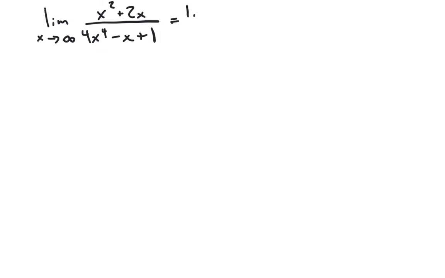So we get the limit as x approaches infinity of x squared, and I'm left with 1 plus 2 over x. Again, you can see that x squared times 2 over x is 2x. And then we'll take x to the fourth out in the denominator.